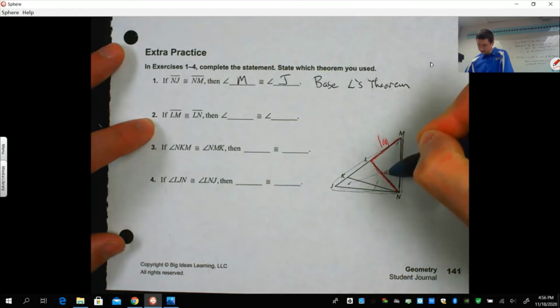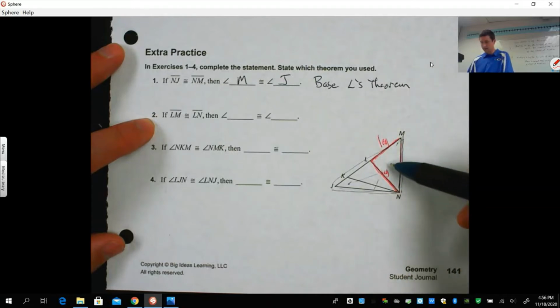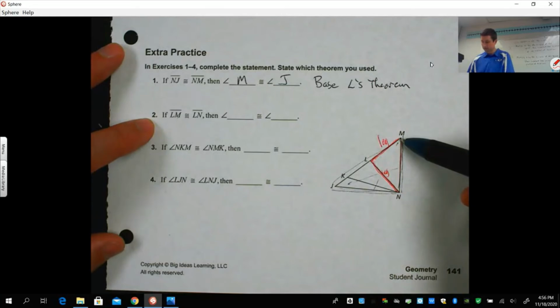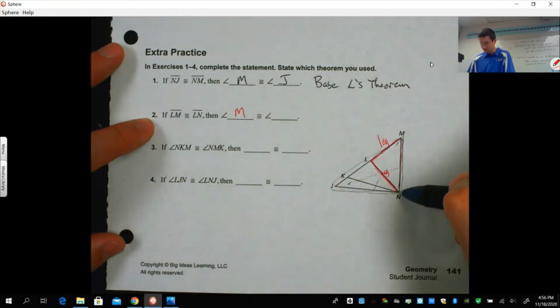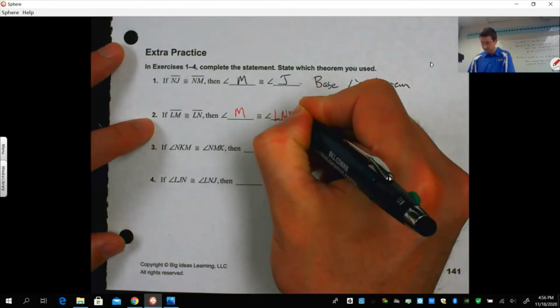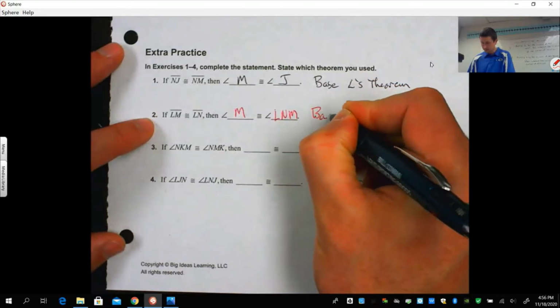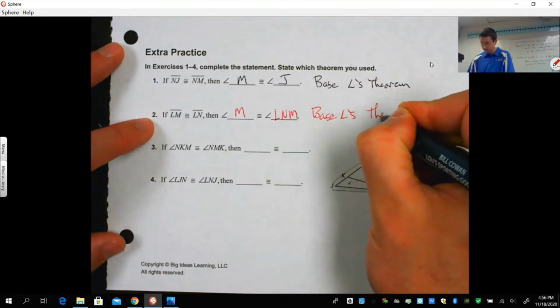That makes that a leg. So opposite them, here's your base, and it's going to be the two angles formed on either side of the base. That's this angle, which we can say is just M. Now I can't just say N because it could be any one of these angles, so I'll have to say LNM. And that's again the base angles theorem.